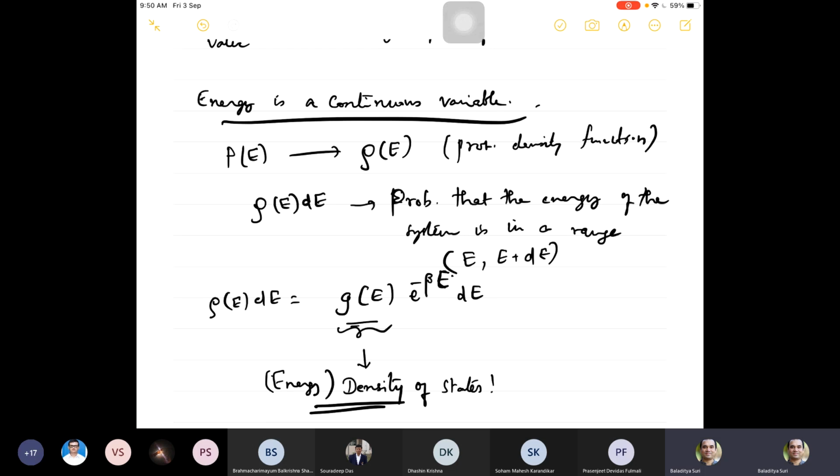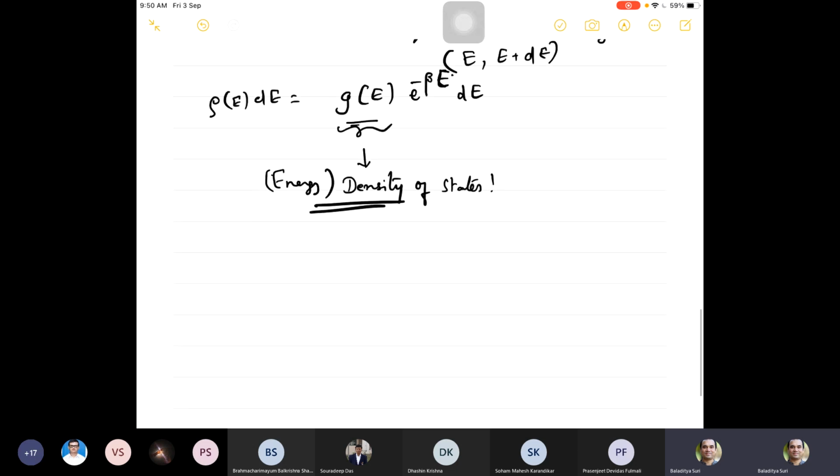And in terms of the density function, the probability that the energy is between E and E plus dE can now be defined as rho of E dE equals G of E e to the power of minus beta E dE. Okay, and then the normalization condition essentially becomes integral G of E dE. Sorry, this is proportional to, and then there will be some normalization.